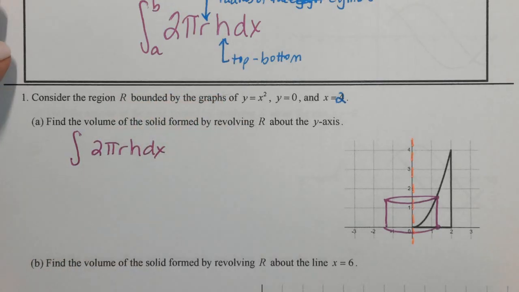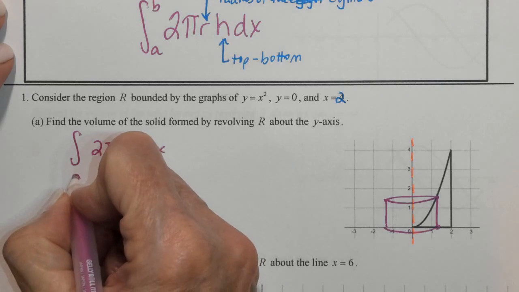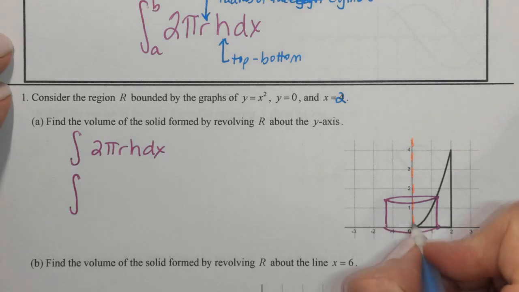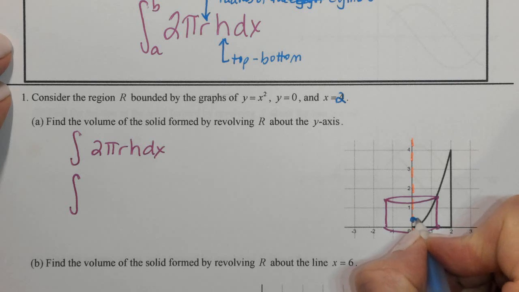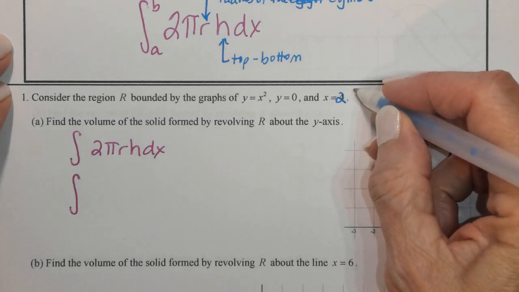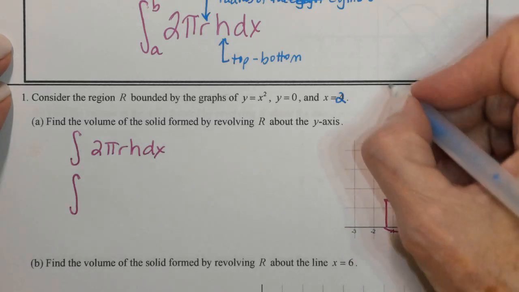That's our formula. H is top minus bottom, so I already know what's going to go there. The trickiest part is the r, so let's talk about the r. R is the radius of this cylinder, so that is R. The key to finding R, I'm going to put it in a box right here.